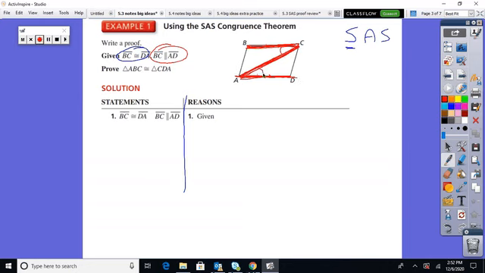So our second step is going to be to take the parallel given information and turn that into a pair of congruent angles. So I'm going to say angle BCA is congruent to angle DAC, alternate interior. There's your second letter. So there's S and an A, and that all comes from your given.